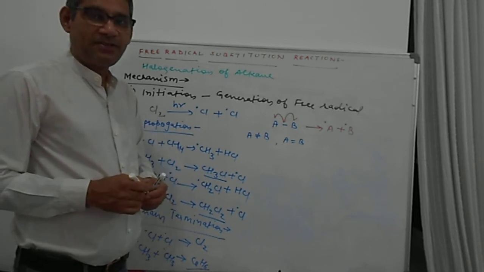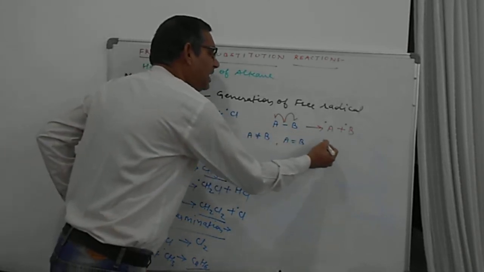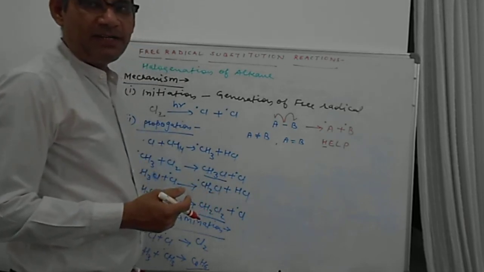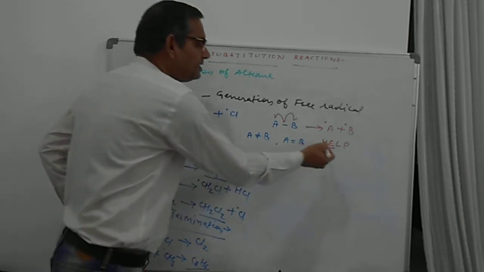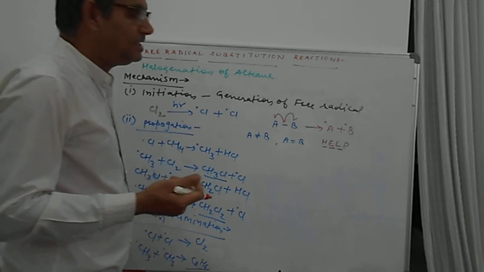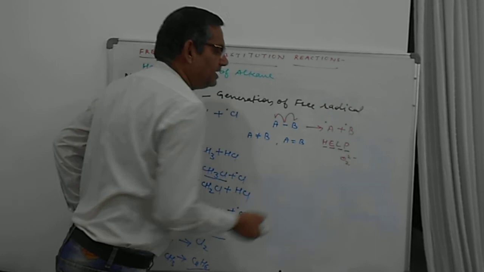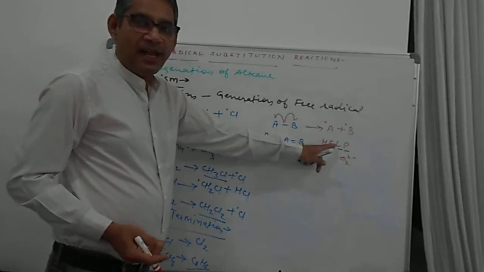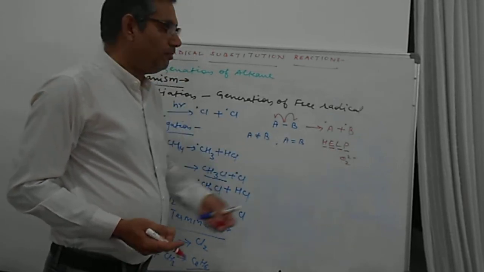Important conditions for this homolytic cleavage are HELP: heat, it should not be less than 500 degrees centigrade; electricity; light, it must be ultraviolet light, then only this homolytic cleavage can take place; and peroxide, that is O2 2 minus.